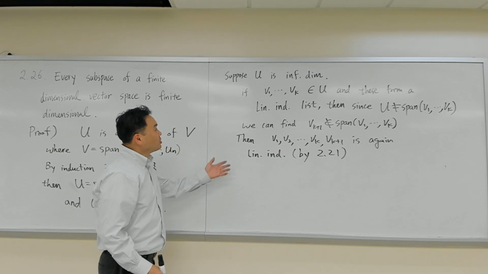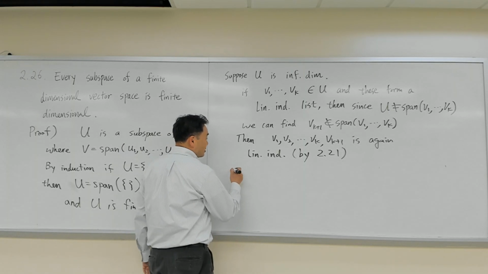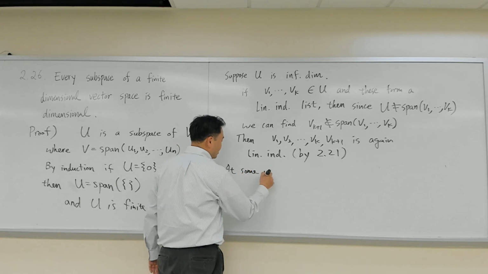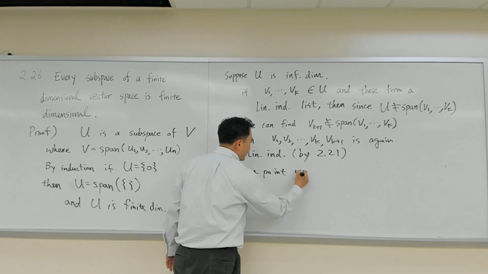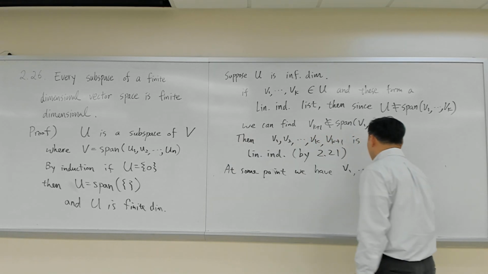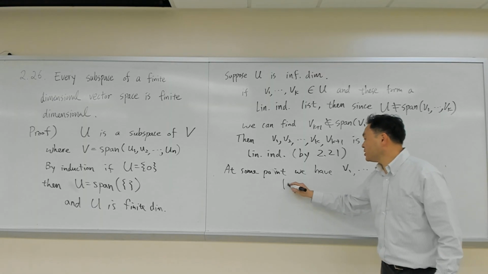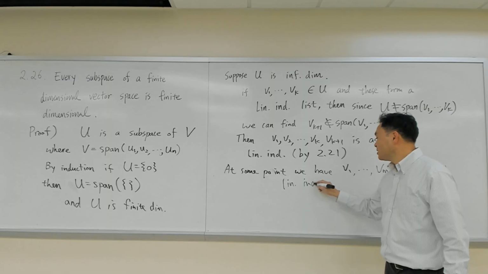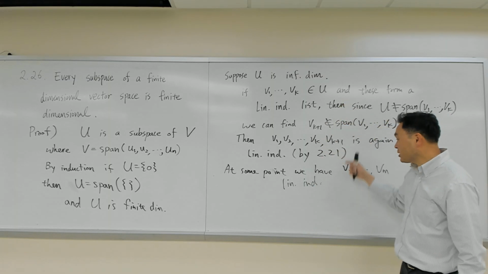But then this means, so at some point, we have v1 through vm linearly independent because this can keep going, right? By induction, it can keep going, right?